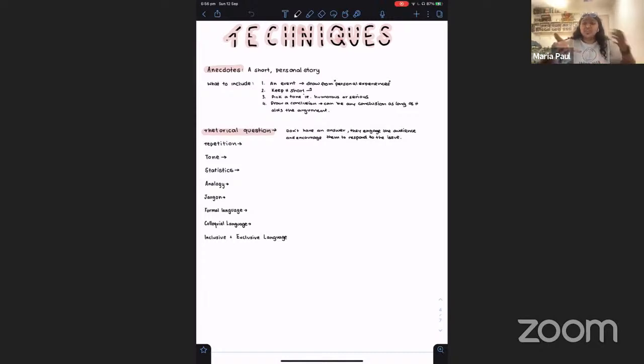But obviously, if you know a bit about the topic, why would you need to make that information up? That's hard to determine with persuasive, which is why you would make it up anyway. I'm pretty sure all the information I used to write down up till year 9 in my persuasive, I would make it all up. All my stats, all my facts, just made up. I hope that answered your question.